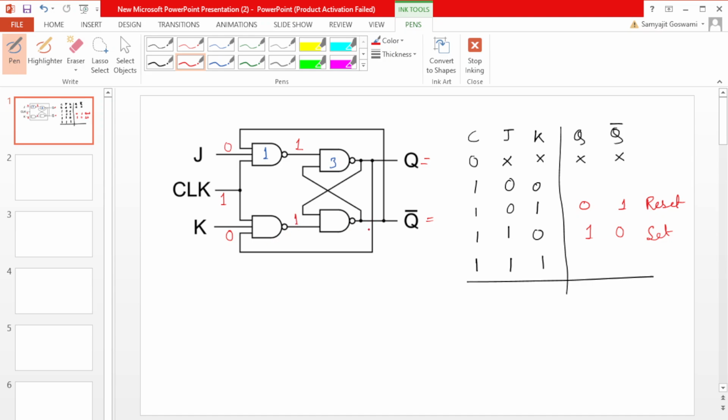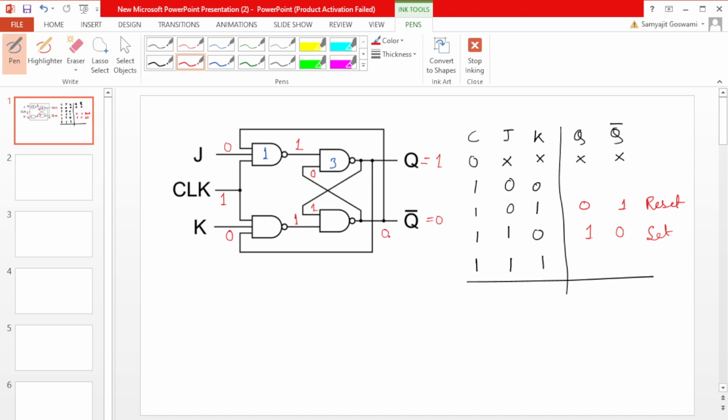Now consider that previously Q bar equals 0. This 0 goes here, 0 1 means it is 1, and this 1 comes here, 1 1 means 0.